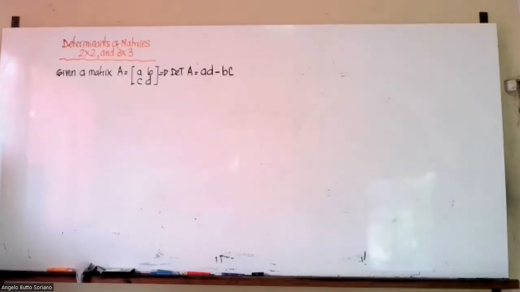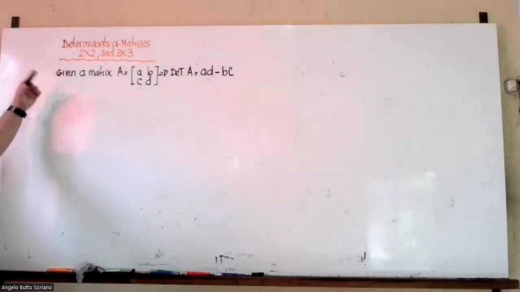Un poco suave, ¿se escucha? Un poco, hay un mini eco, pero sí se le entiende. Ok, perfecto. Permítame un segundo. Ahora sí. ¿Qué tal ahora? Perfecto. Okay, excelente. Better. All right.